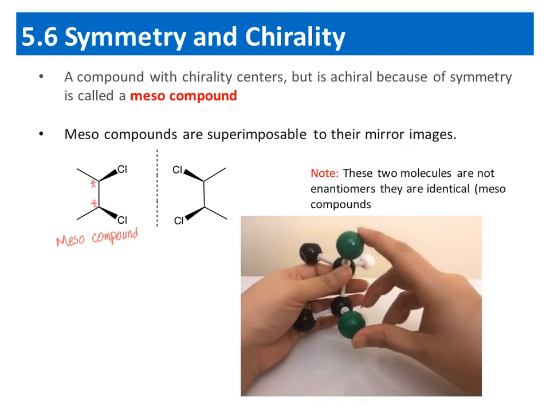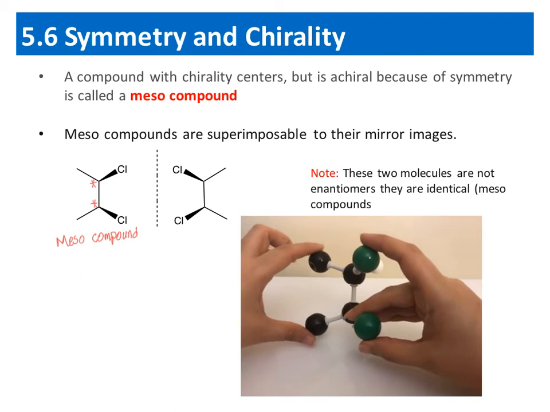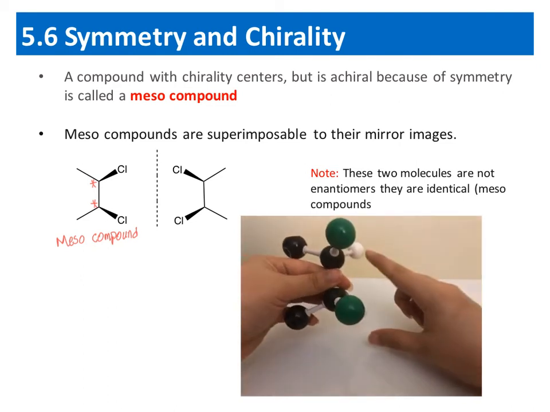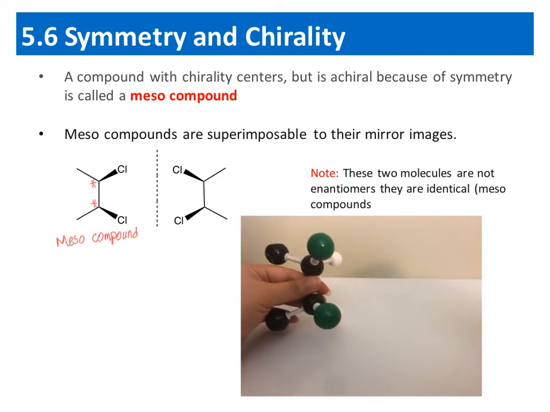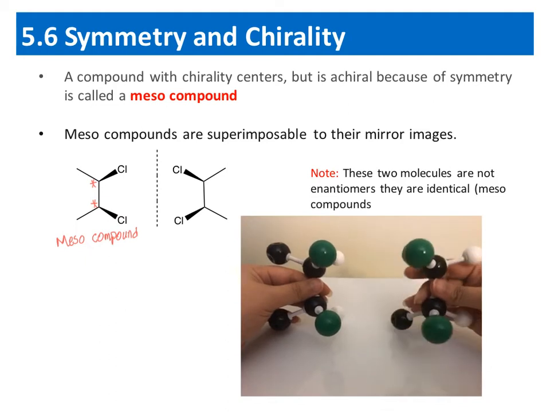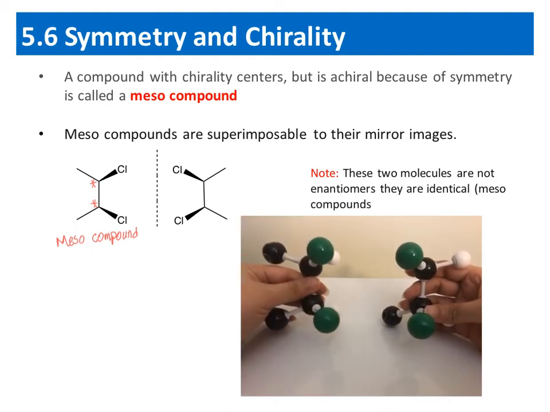These chlorines are coming out of the plane of the page. Two methyl groups right here. I didn't attach the hydrogen, so it's easier to follow. And there is a hydrogen in the back. And this structure right here is the mirror image of the molecule on the left.